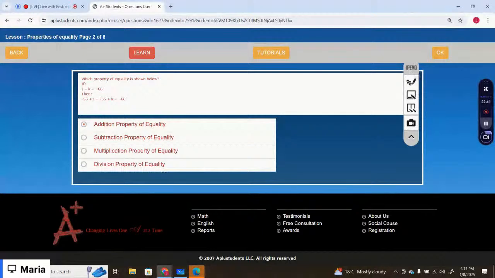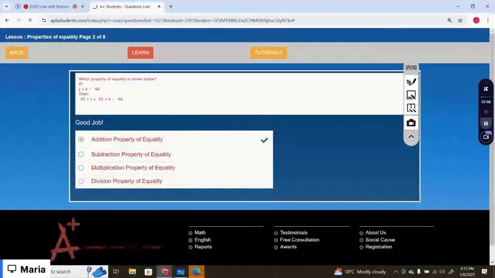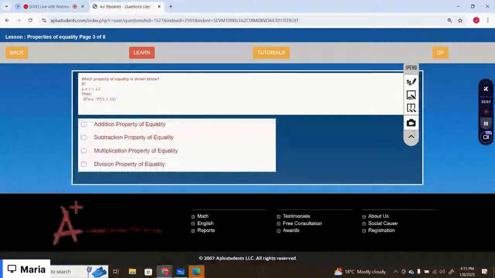That is the addition property because you are adding. So that is the addition property of equality. Option number 1 is the correct option.